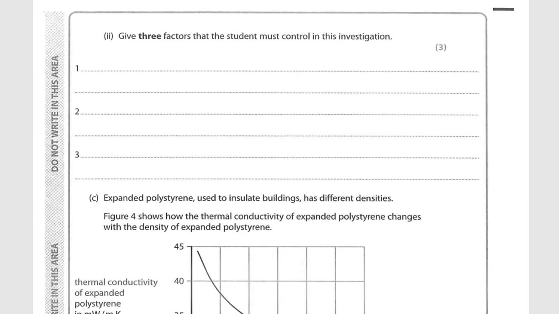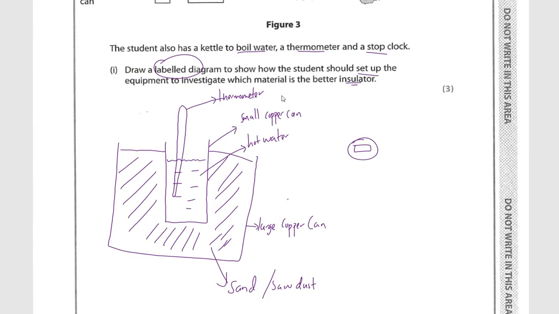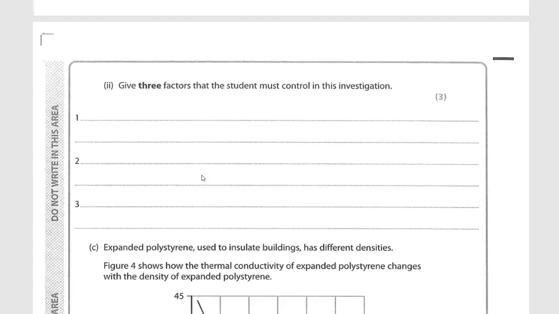Now, three factors that must be controlled in this experiment. Now, what we are measuring is the heat from the water. So we want to control how much water we're putting. Now if there's too much water, it means there's more hot water in this case. So we want to control the volume of water.